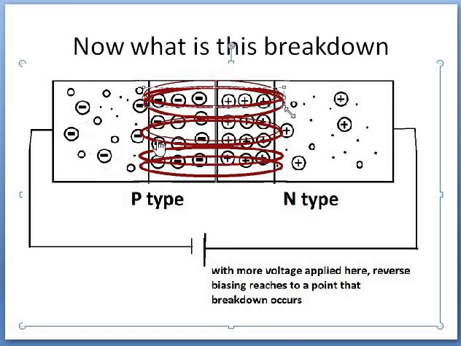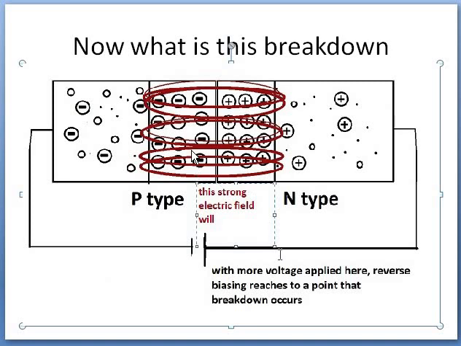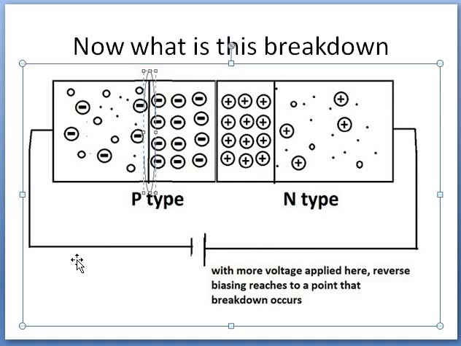And now this strong electric field will break all the covalent bonds. This electric field will be the main cause, the reason which will disrupt the bonding forces, and when the covalent bonds are broken, an enormous amount of electrons would be free to flow and the breakdown occurs.